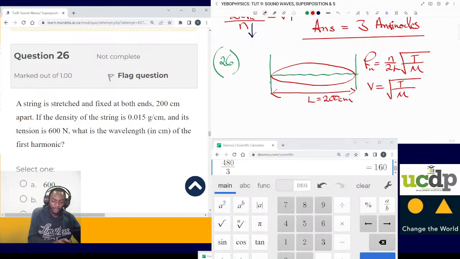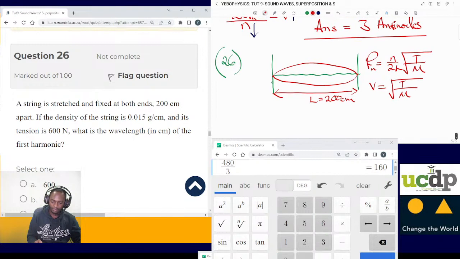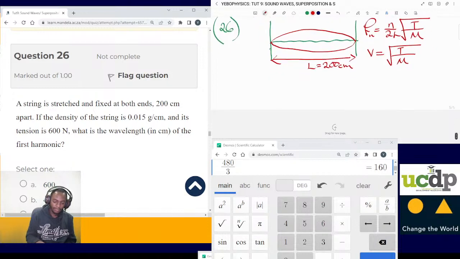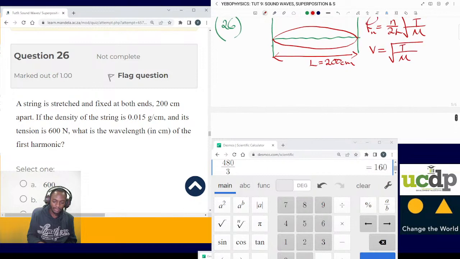That'll be a longer way, but we can still do it just for the sake of clarity. So we can go back and still try that question out. It will still give us the same answer, or it should give us the same answer.